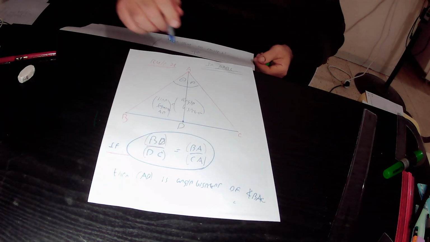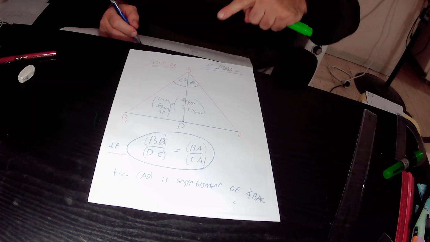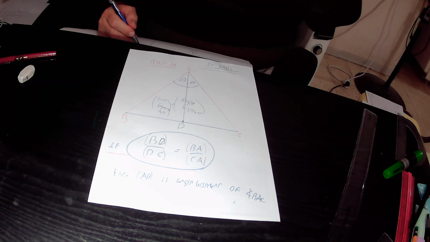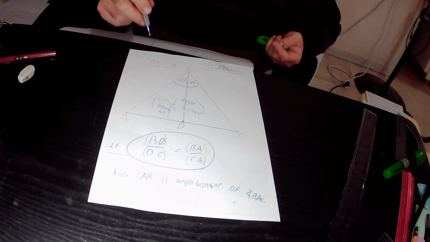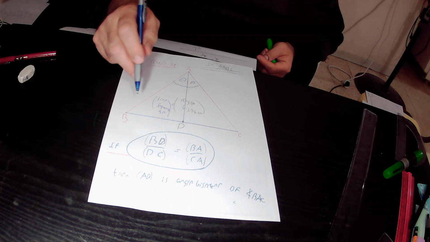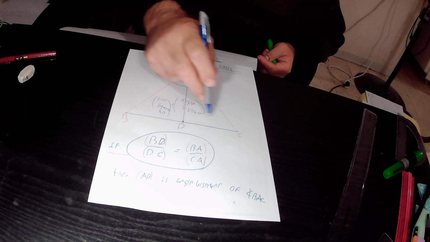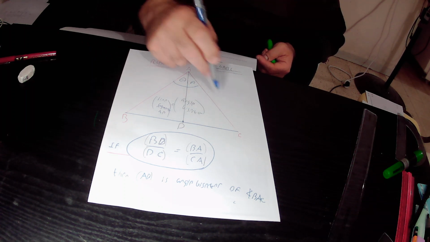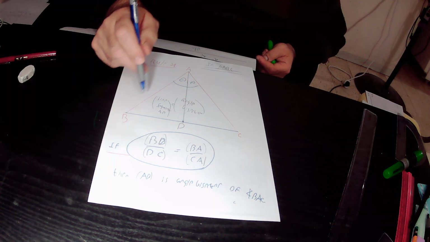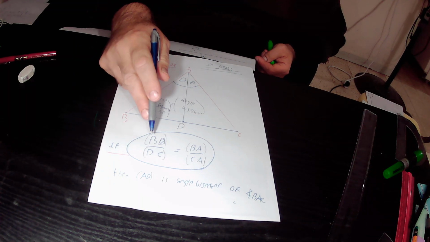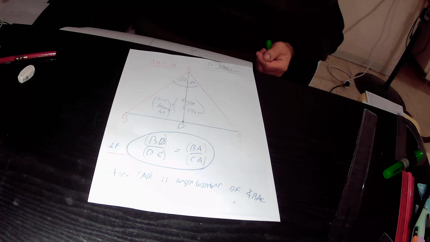This is triangle ABC, which could be any triangle. This is line segment AD. Line segment AD divides the sides of this triangle ABC proportionally. That is to say, we know that BD over DC equals AB over AC.